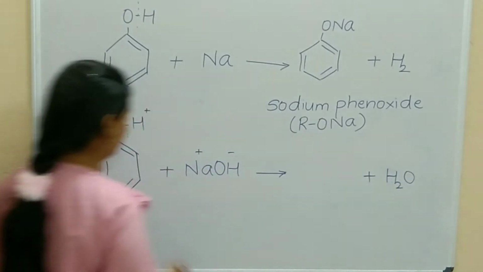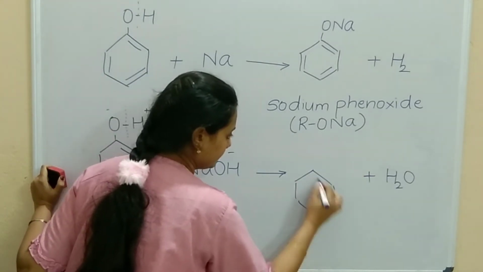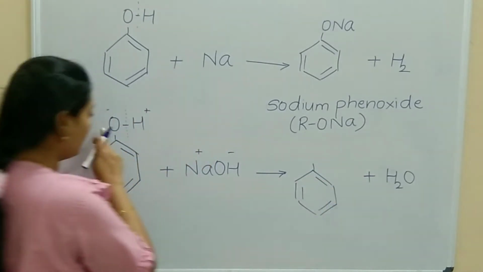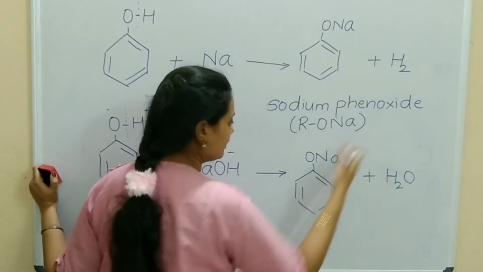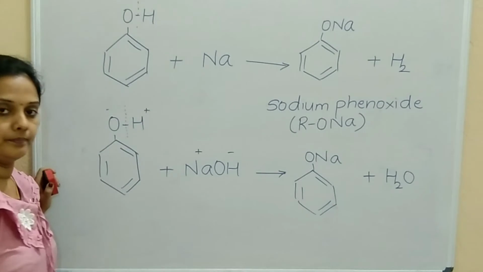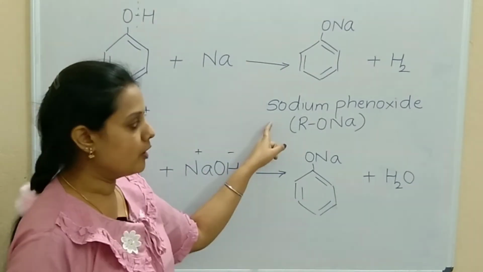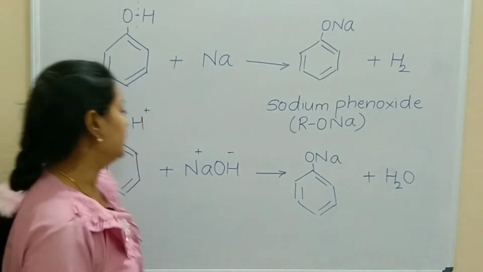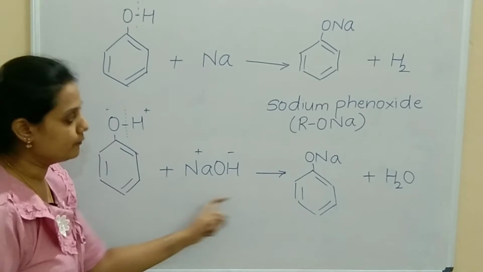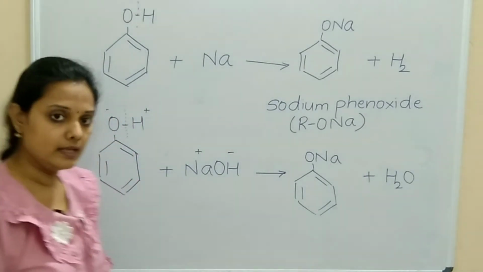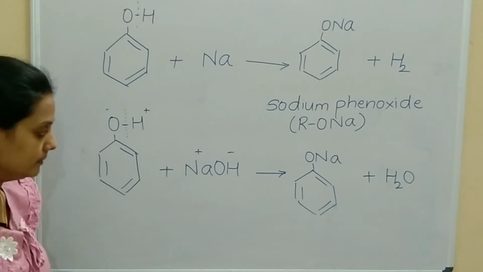What is left is the benzene ring with O and Na, so again sodium phenoxide is formed. Phenol reacts with the metal sodium to form sodium phenoxide. Phenol reacts with the base NaOH to form sodium phenoxide, with water as the byproduct. Let's move on to the next reactions of phenol.